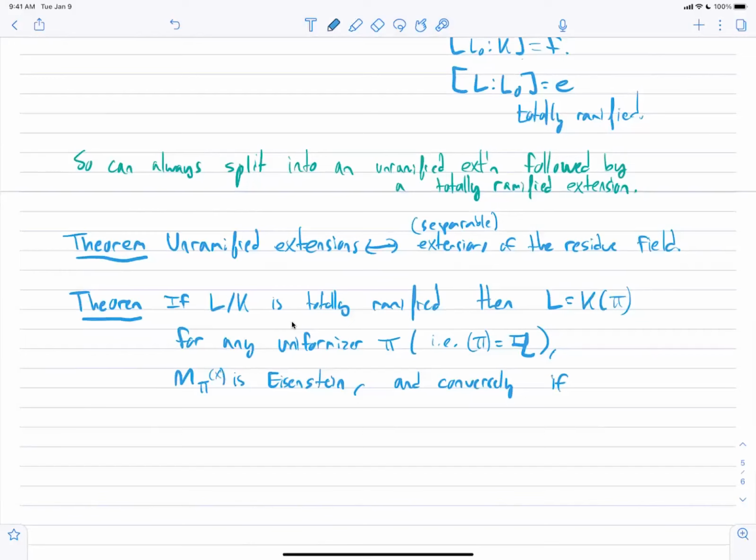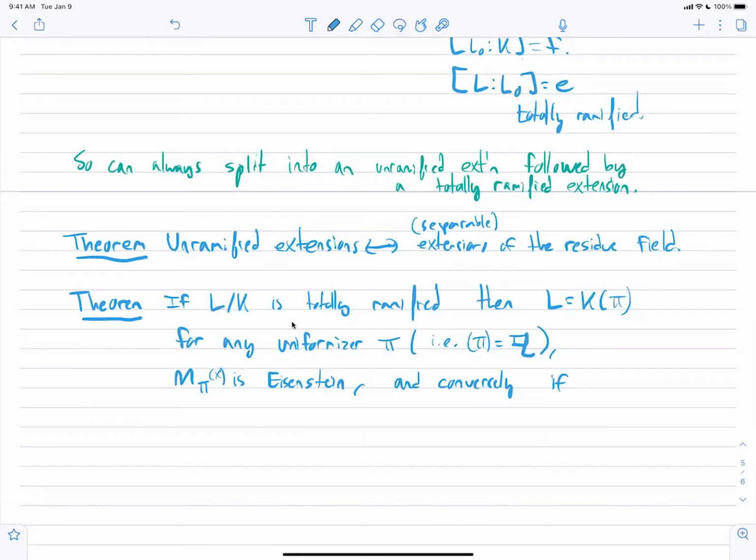A polynomial is Eisenstein if it's monic, and all its non-leading coefficients are in this prime ideal P of OK, and the constant one is not in P squared. So literally the same definition of Eisenstein you're used to.